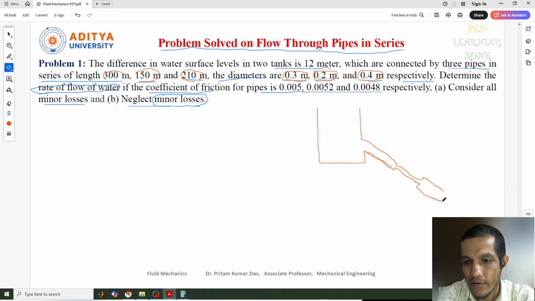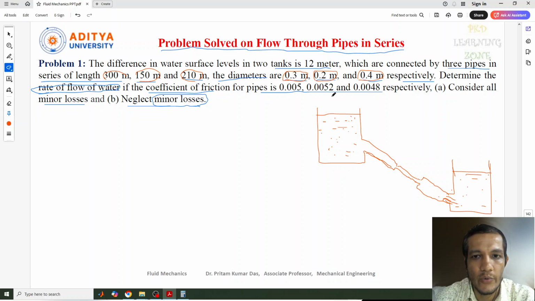From this pipe we can take it out, where the discharge will be there. Now this is another tank, so another tank has a surface level here, which we can mark as some kind of liquid present here, and after coming out from these three pipes it will be there.